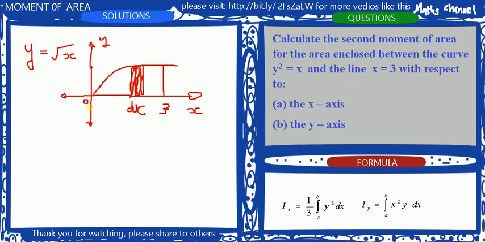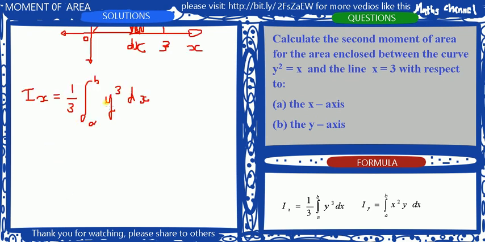Okay, let's get started. So the equation is this one. They say it's in the x-axis, so we'll pick this equation and write it as one-third, and then the integral, with a and b as the limits. From here we'll substitute the value of y.